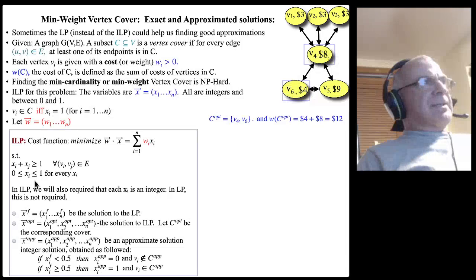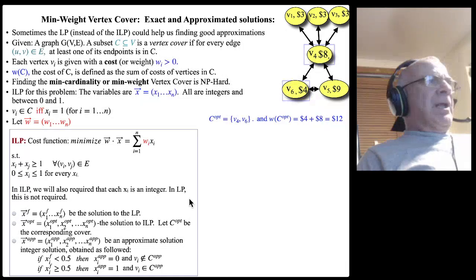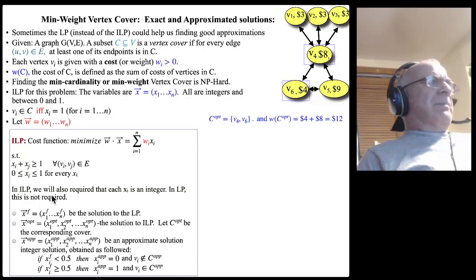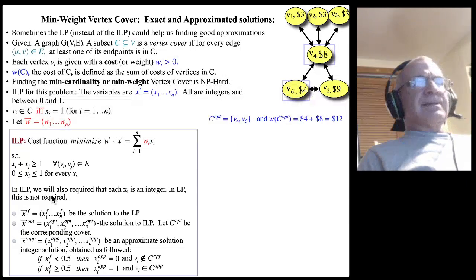And since it's an integer and between 0 and 1, then it's either 0 or 1. However, we are going to see that we also look at the LP version of this problem, the linear programming version, in which we don't make this requirement that the xi's are integers. They can be anything, namely float values are absolutely fine.